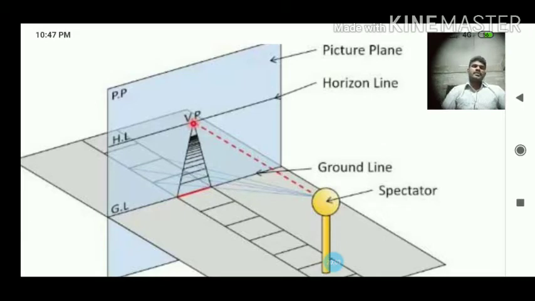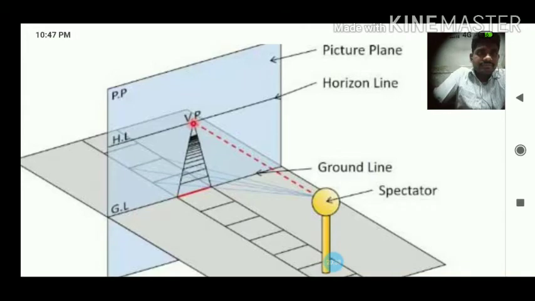After that, nothing is visible from that particular position. After the vanishing point, a viewer couldn't see anything. So where parallel lines converge, that point is called the vanishing point. At the vanishing point, everything is hidden. The spectator couldn't see anything.